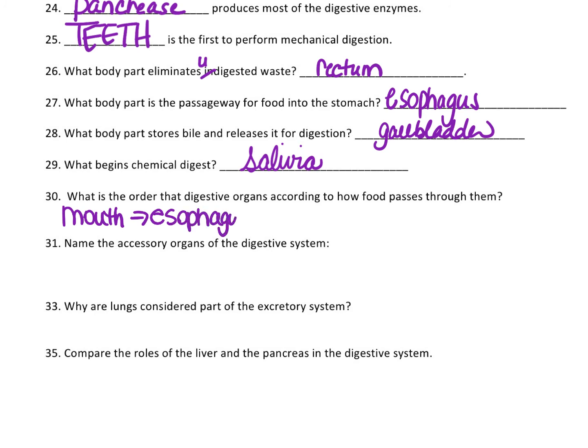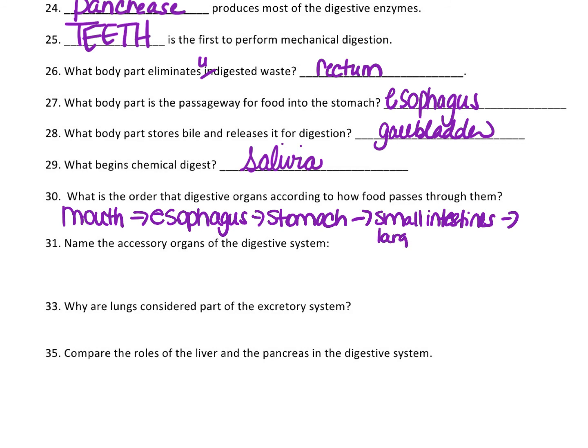Should we put an arrow? I think it's probably for the best because it tells you what goes next. And then what? Stomach. And the small intestines. Then the large intestines, or the colon.